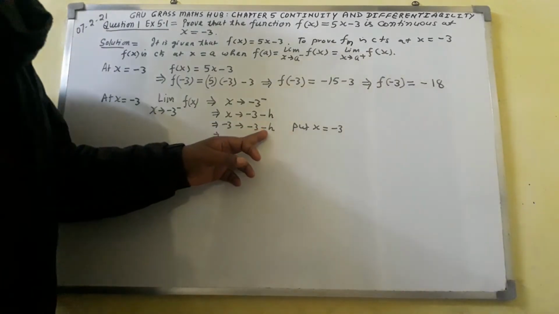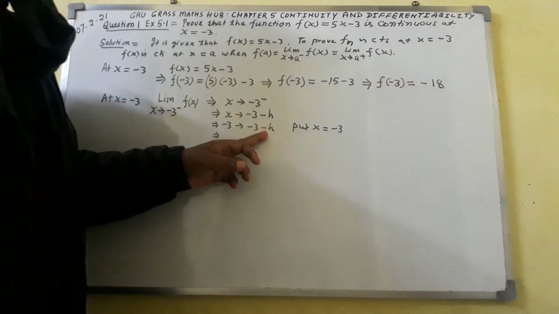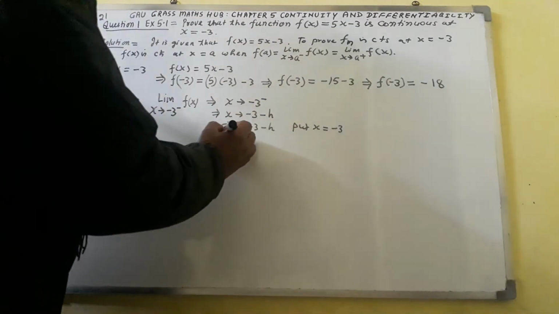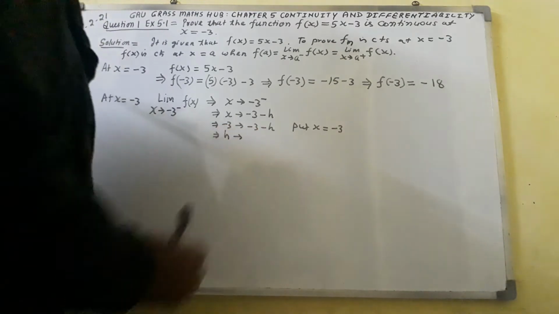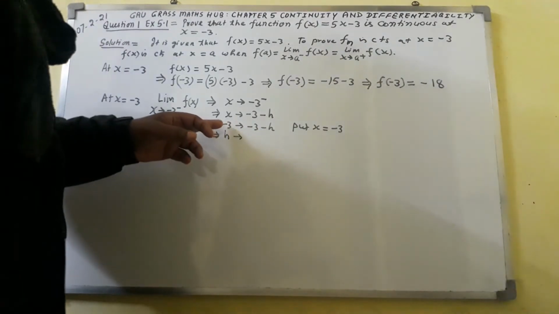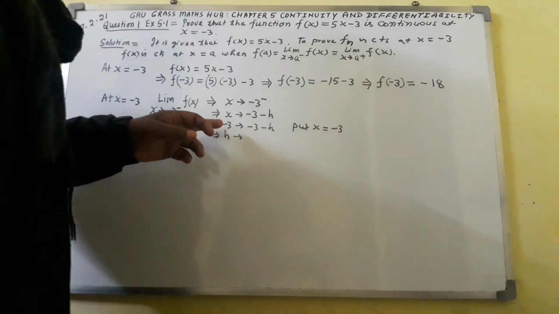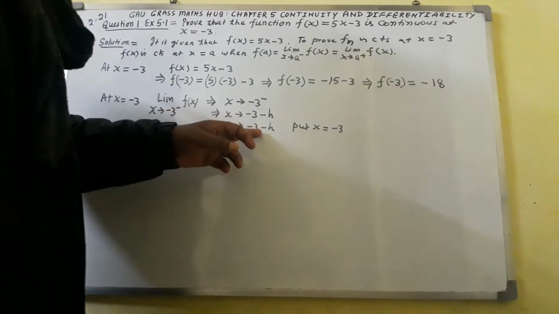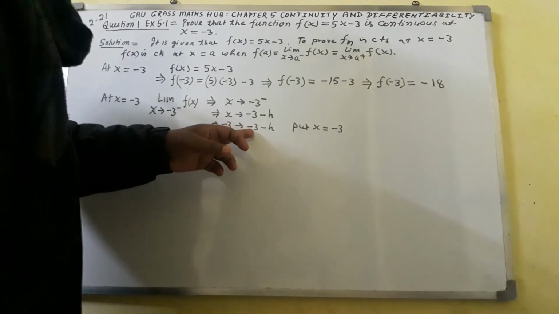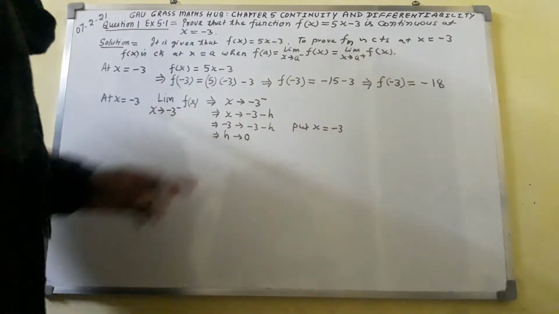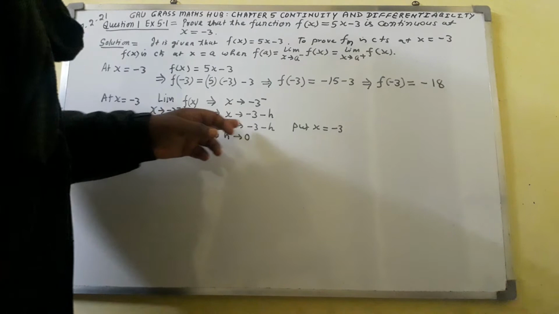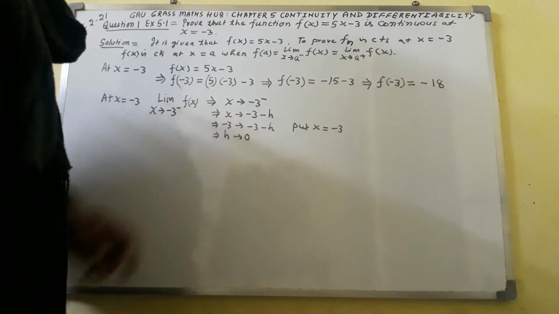Here minus h is there in right hand side, that will be moved back to left hand side, so it will become h tends to minus 3 plus 3, which comes out to 0.